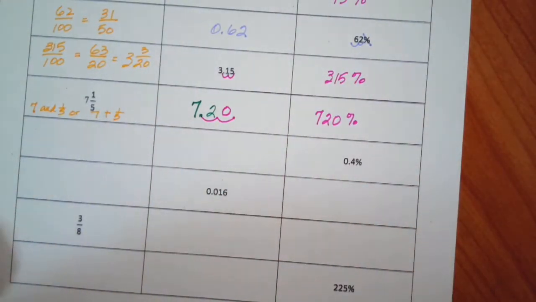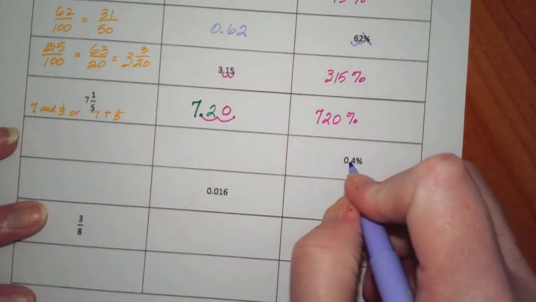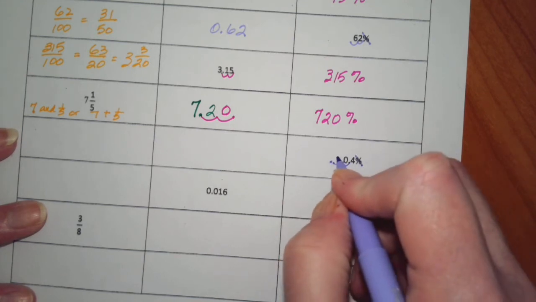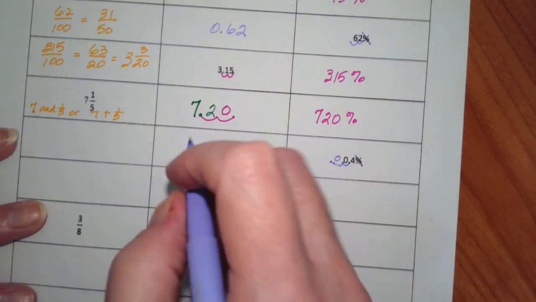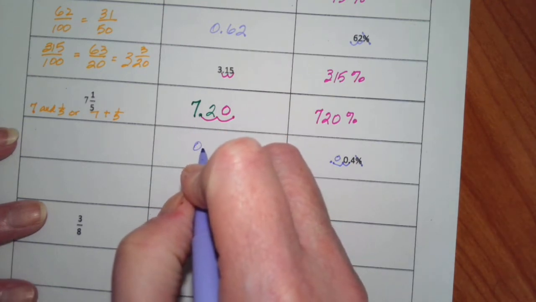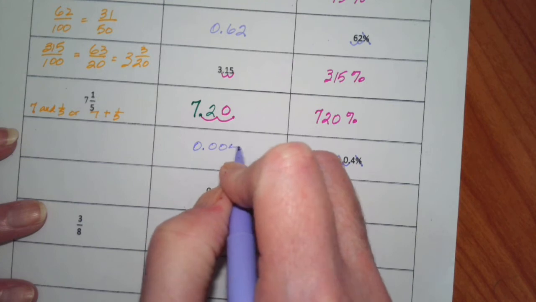Okay, 0.4%. I'm going to move this over 2 places. Once again, drop this, and I always have to fill in a 0. So this becomes 0.004.